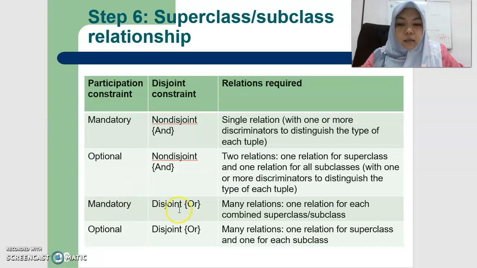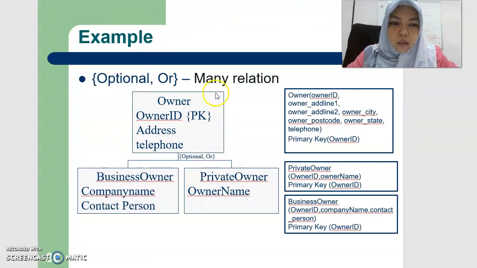That is mandatory or. And lastly is optional or. It means that you will have many relations, one relation for the superclass and one for each subclass. So if you have optional or, the number of relations will be the same as the number of entities that you have. For example here you have 3 entities: owner, business owner, and private owner.